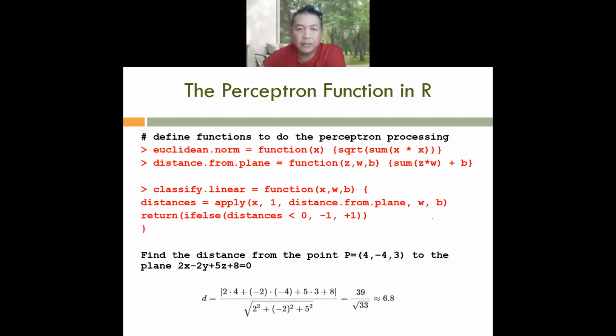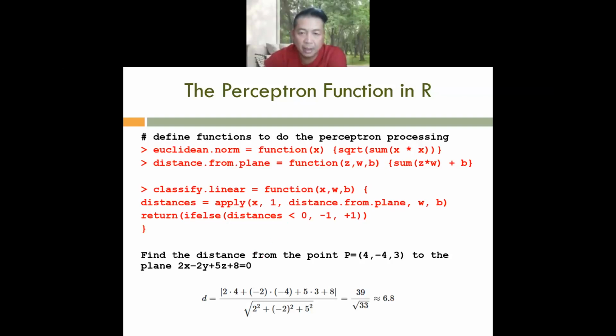How do we use that? First, we need to look at how we define the Perceptron processing. Remember the function that we have here, which is the square root of the sum of the squares.